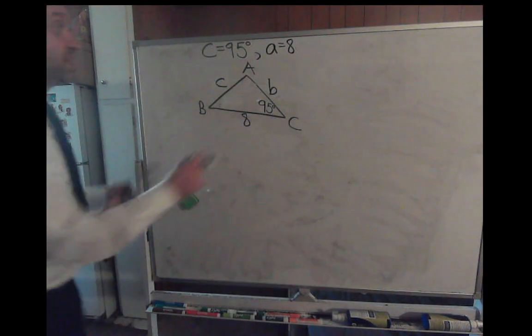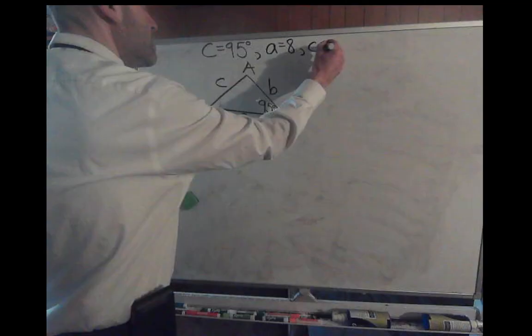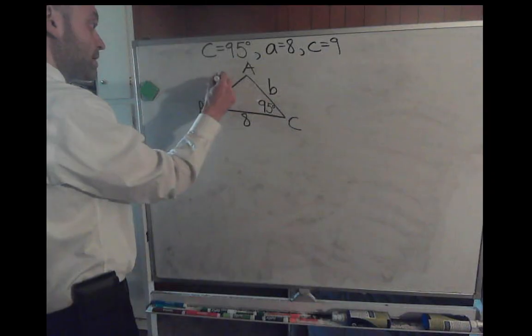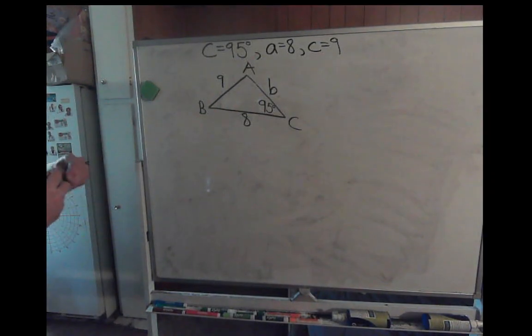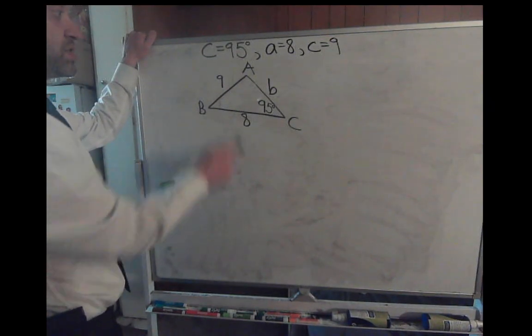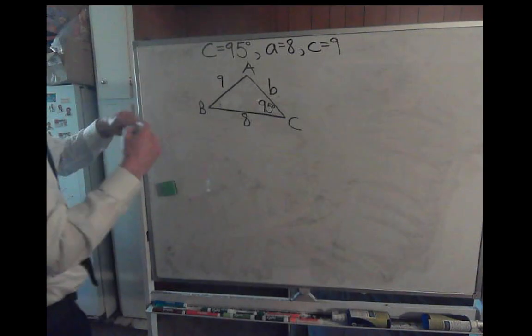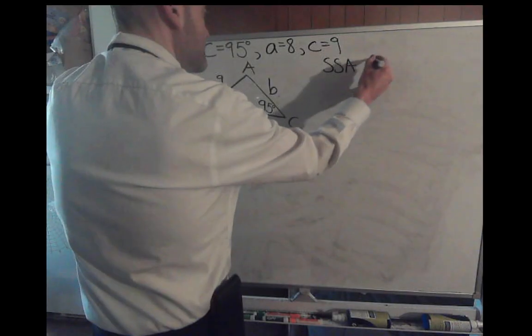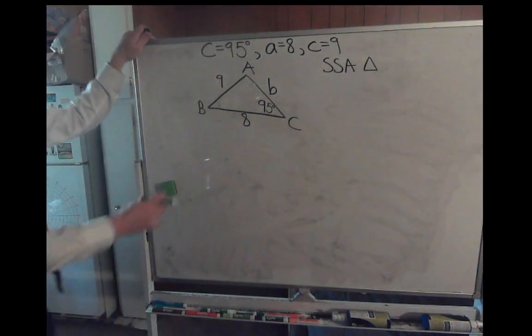And then we have a C of 9. All right, so we have, again, another triangle with two sides and a non-included angle. So we have another ambiguous case triangle. We have a side-side angle triangle.